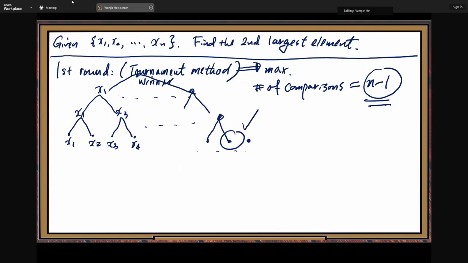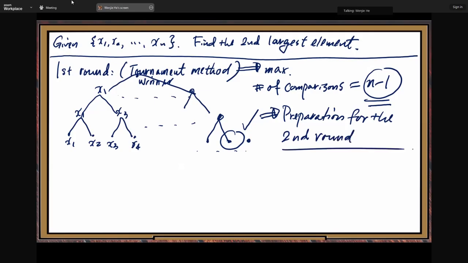But the first round is not enough. We need to go to the second round because our goal is finding the second largest. The first round is just like a preparation for the second round. It's important that the information we collect in the first round, we should not throw away.